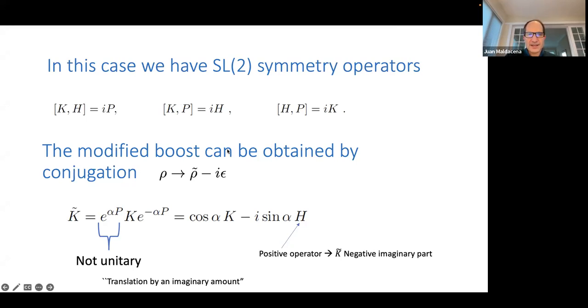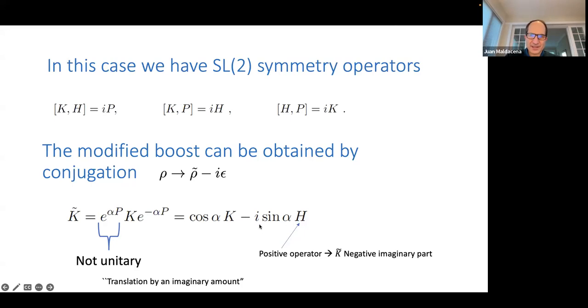So in this case, the modified boost can be obtained by changing rho to rho tilde minus i epsilon. This is a kind of translation by an imaginary amount. So we can think of K tilde as resulting from a conjugation by a translation by a finite amount, and we get this particular linear combination of operators with an i here.